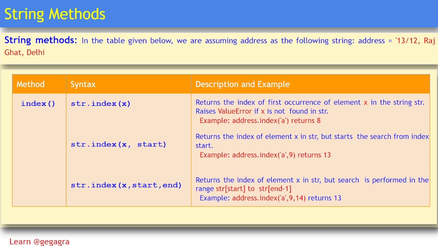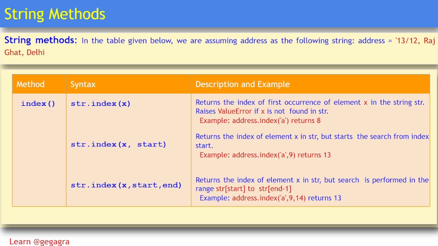And another format is str.index with the character you want to find out, and the starting index. You should mention the starting index. Here it will start finding the index of the character starting from index number 9. So a will be searched after index number 9.